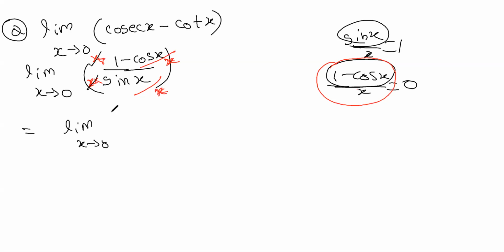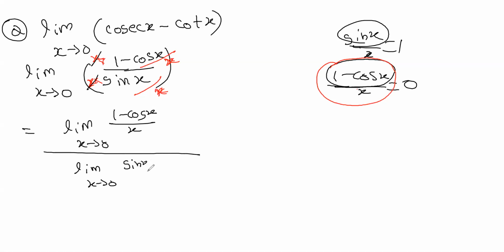So now I can apply the limit separately. Limit x tends to 0 of (1 minus cos x) by x, whole divided by limit x tends to 0 of sin x by x. Directly they're in standard form, right? So 0 by 1, which is 0.